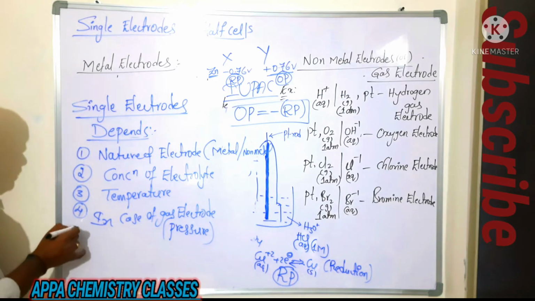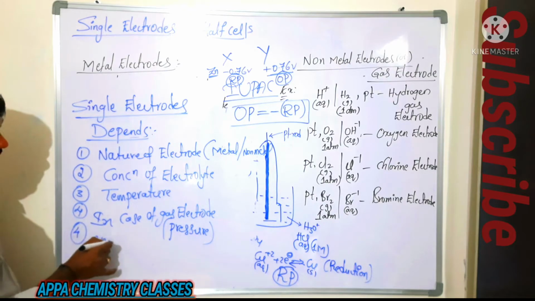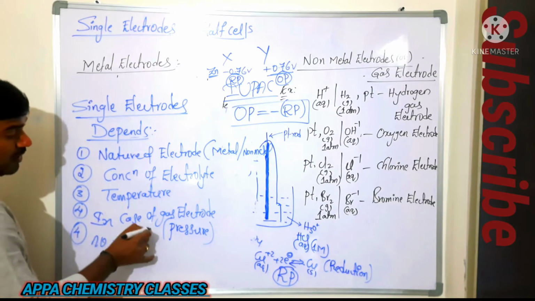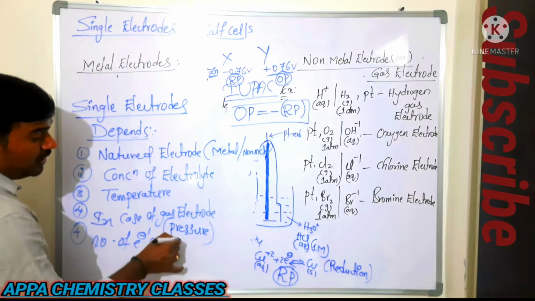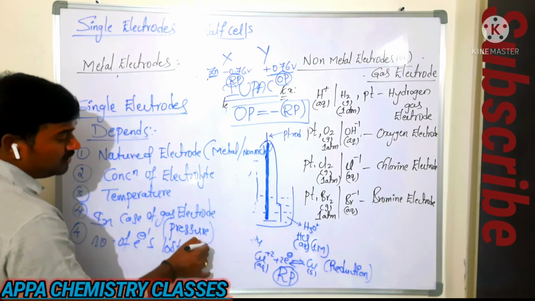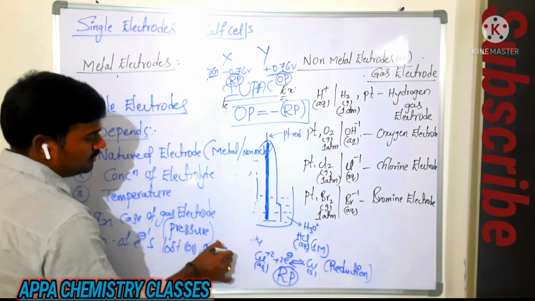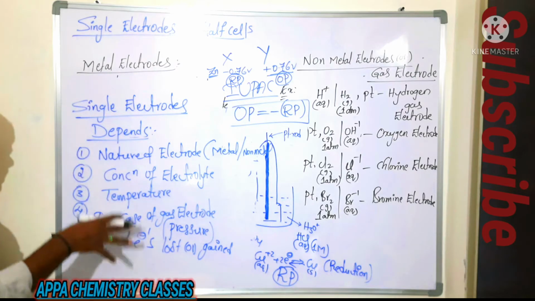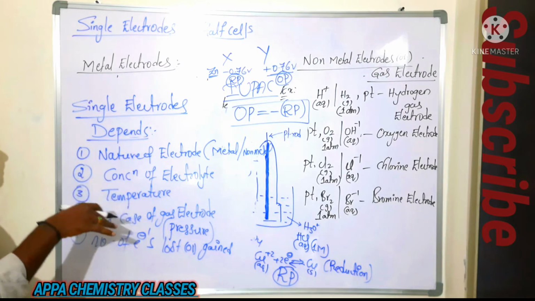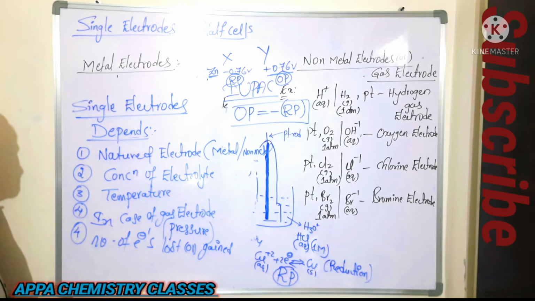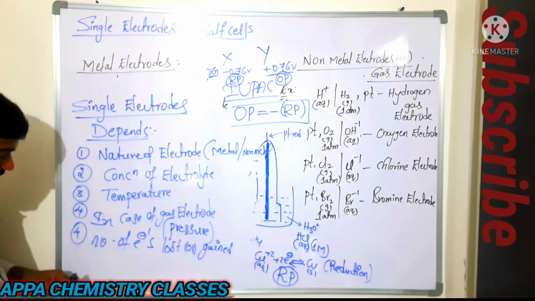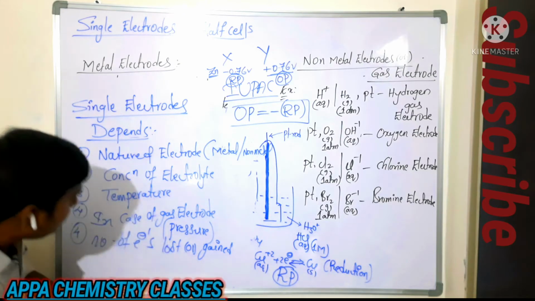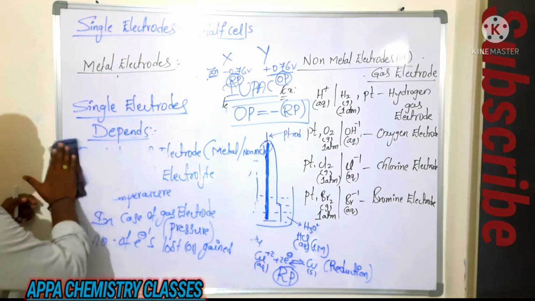And also, it depends on the number of electrons lost or gained. Is that clear? These are the most important factors which affect the single electrode. Is that clear? So next we will see the standard electrode potential.